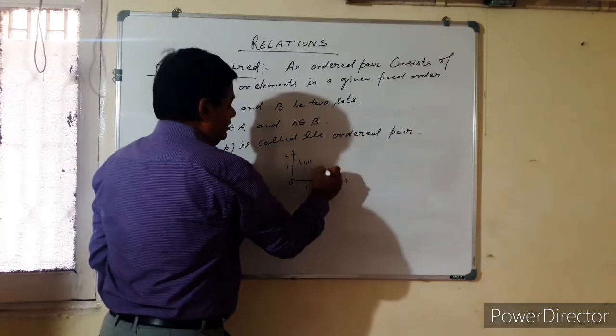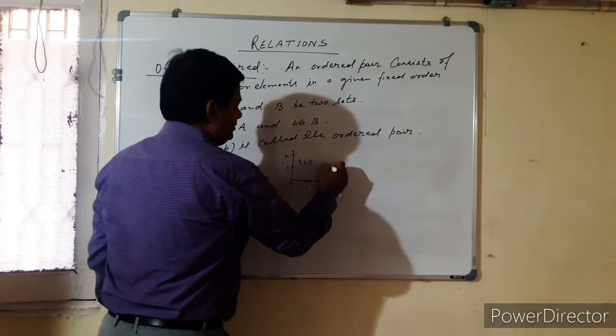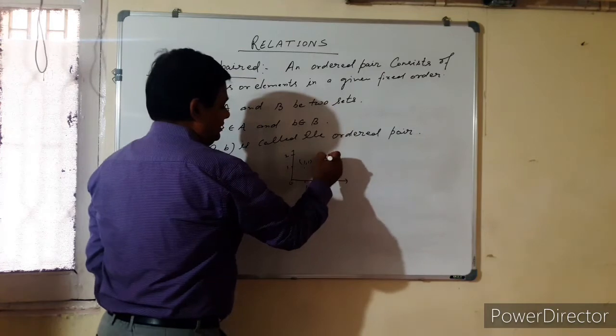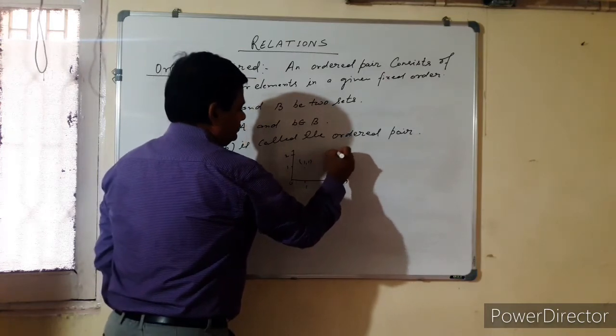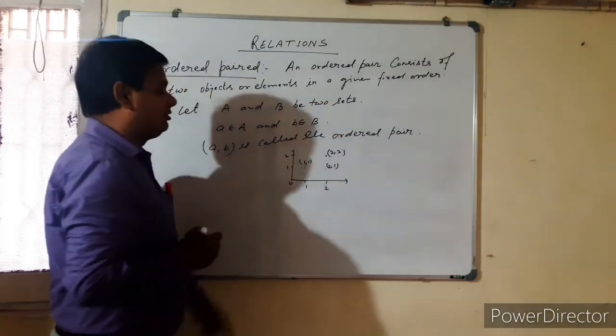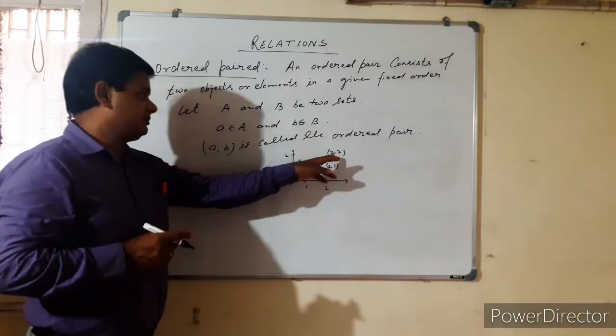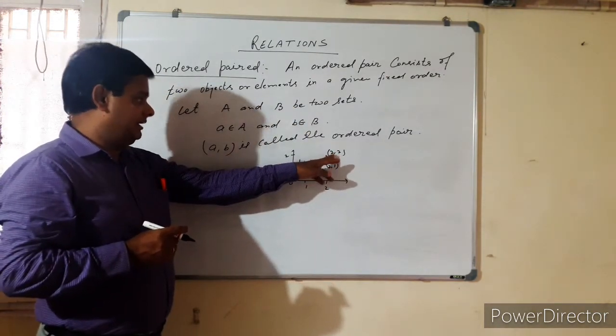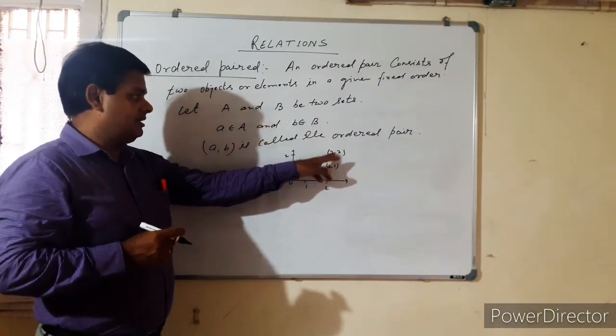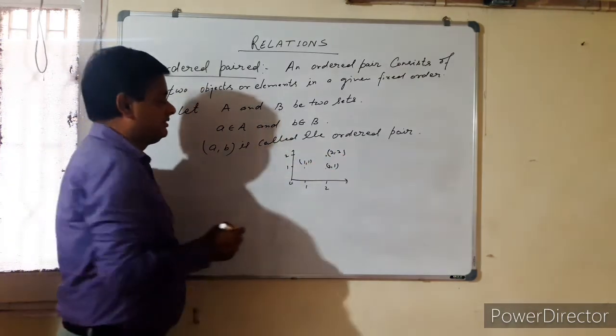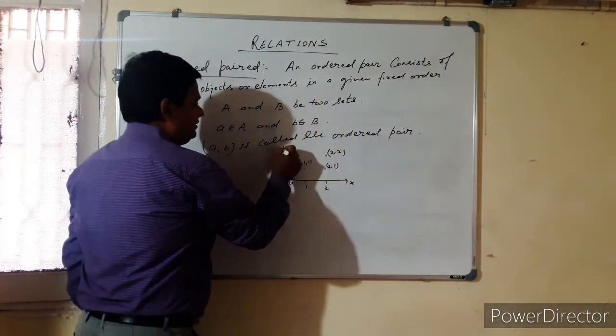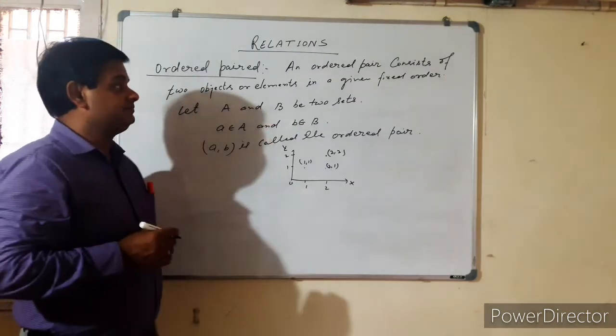Suppose here (2, 1), this is the ordered pair (2, 1). Here (2, 2), this is also an ordered pair. So the first coordinate represents the x-axis and the second coordinate represents the y-axis.